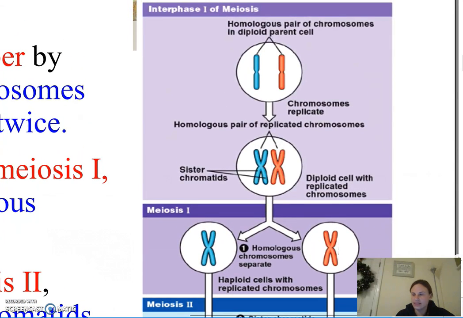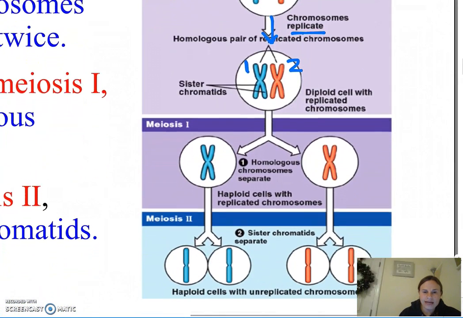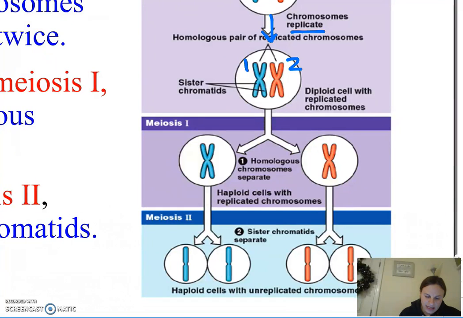If you look at this image, do you see how we've got interphase that's going to occur before meiosis actually takes place? What that does is replicates my chromosomes, where I've got 1 chromosome from dad and my 2nd chromosome from mom. During the end of meiosis 1, these homologous chromosomes are going to separate.